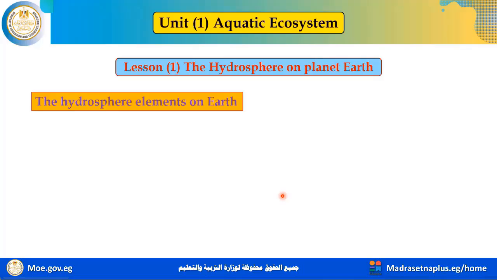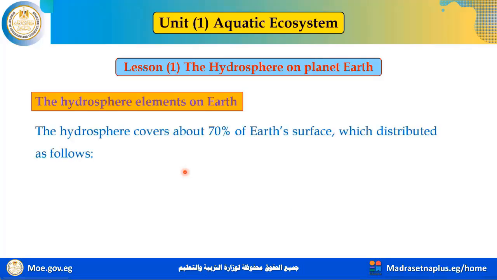Let's talk in more detail about the hydrosphere, and we're going to concentrate more here. Please leave everything in your hand and concentrate with me. Okay, let's start. The hydrosphere covers about 70% of Earth's surface, which is distributed as follows. So again, the hydrosphere covers what?